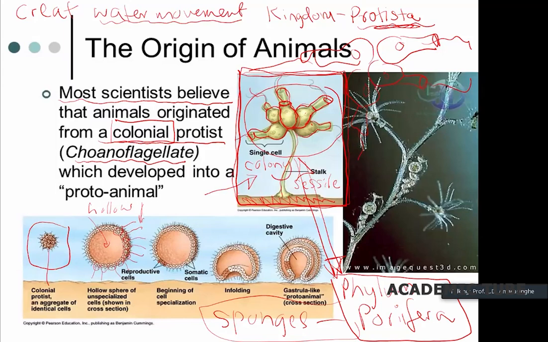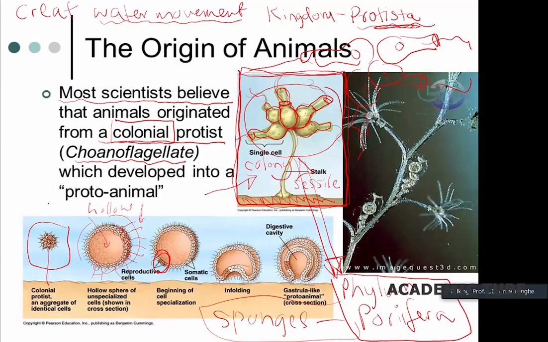You can see some cells arranged in a similar way here change to reproductive cells. Reproductive cells means doing a different function only. But previously, all these cells did the reproductive function as well.